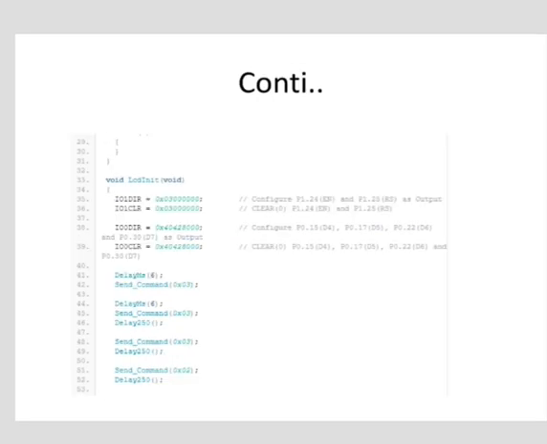Then IO0DIR: configure P1.24 and P1.25 as output. Then IO1CLR P1.24 and P1.25. Then IO0DIR: configure P0.15, P0.17 and P0.22, and then clear all of these.